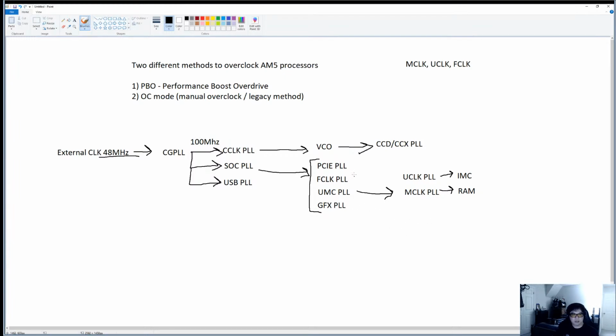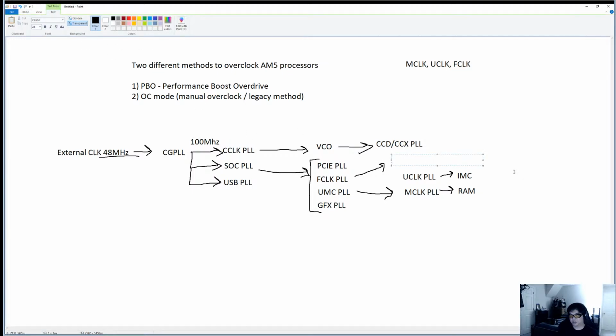F clock is different. That one goes to something called the Infinity Fabric, which is a fancy marketing term for what used to be HyperTransport. We'll call this IF. Should I type these out? Infinity Fabric.